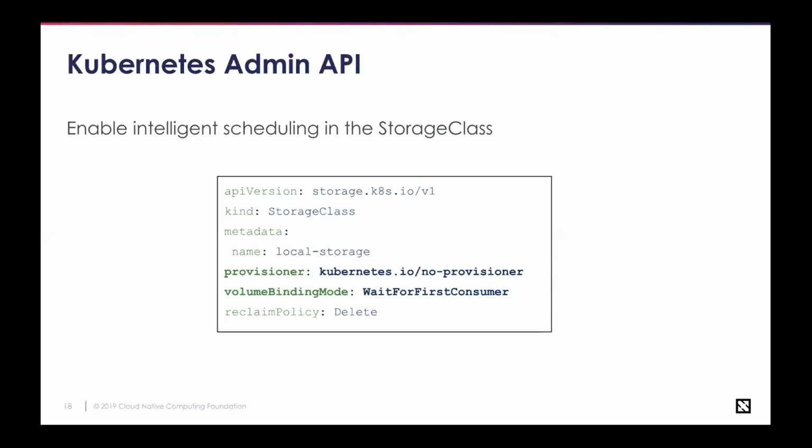This is what the volume binding mode wait for first consumer setting does. It tells Kubernetes that the initial volume binding of a persistent volume claim should be processed by the scheduler. And it should also wait until there's a pod that actually needs to use it. All right, next slide.